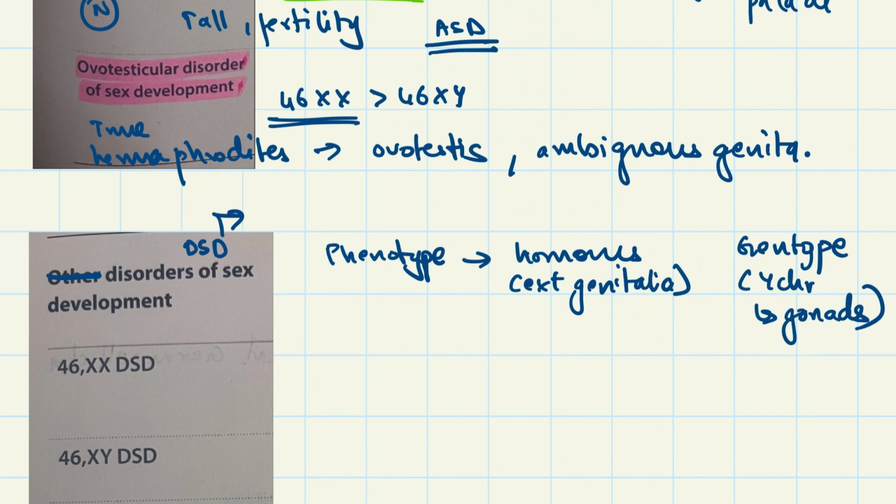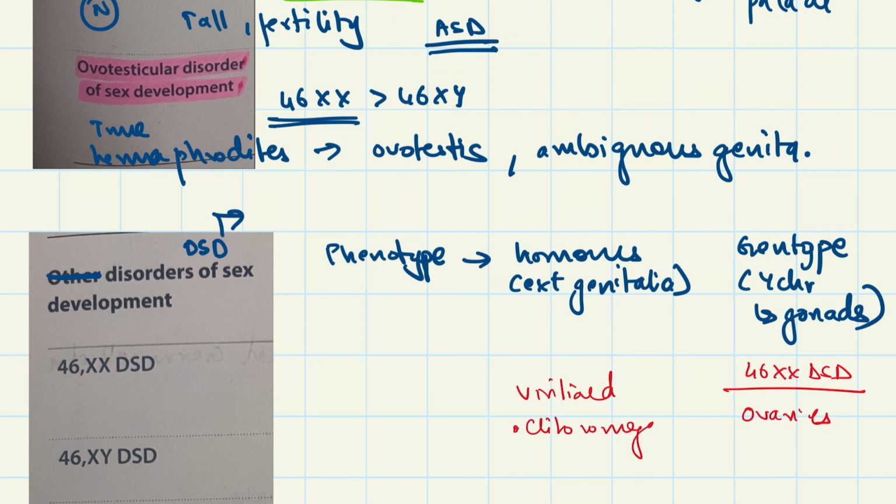For example, in case of 46XX DSD, the gonads are ovaries, but the external genitalia is virilized, that is, there is clitoromegaly, leading to the presence of ambiguous genitalia.